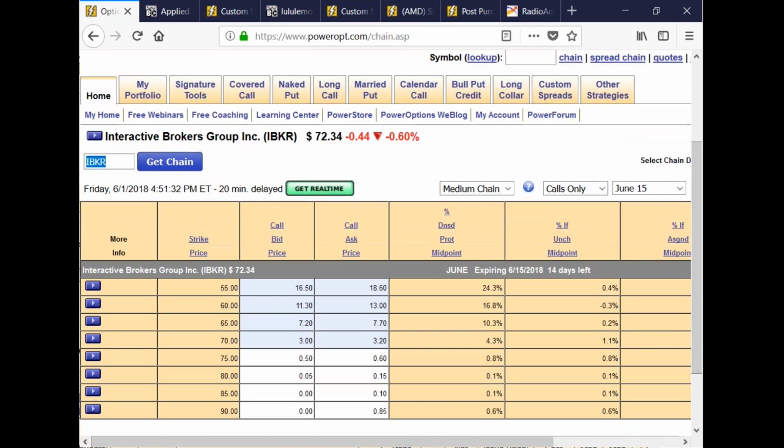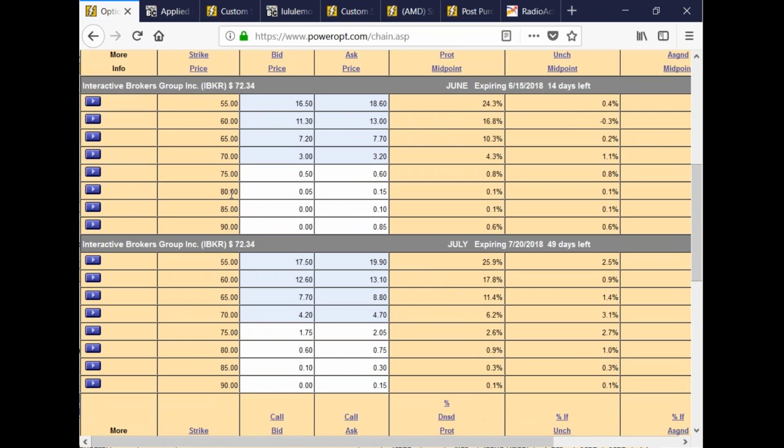All right, so on Interactive Brokers, 14 days out, our 75 strike is at 50 cents. Let's just go all expirations, okay? So 14 days out, 75 is at 50 cents. 49 days out, it's at 175, okay?